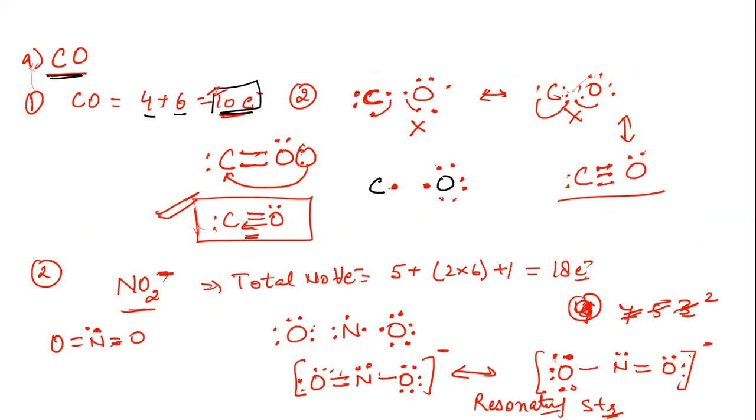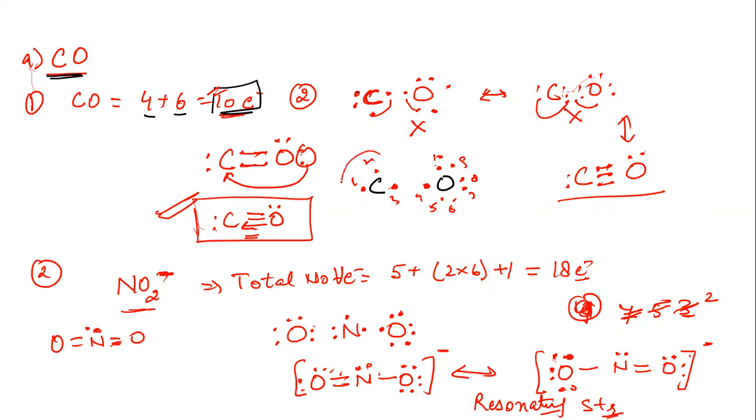Total 8, so the others' electrons are fulfilled. How many left now? 2 left. Now this is the distribution of 10 electrons: 1, 2, 3, 4, 5, 6, 7, 8, 9, 10.